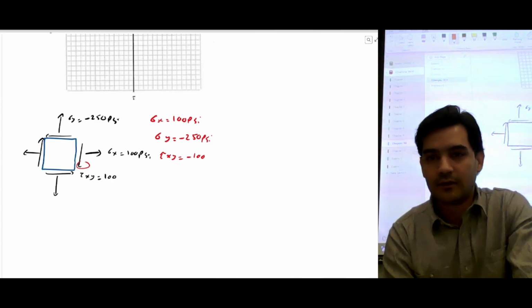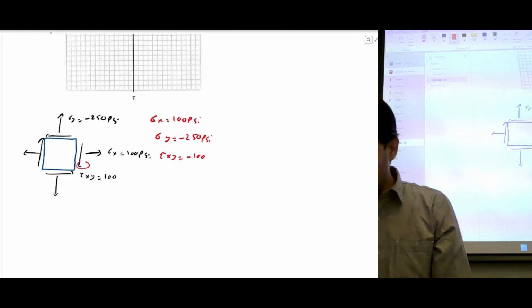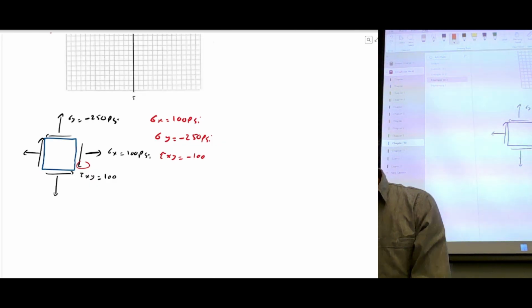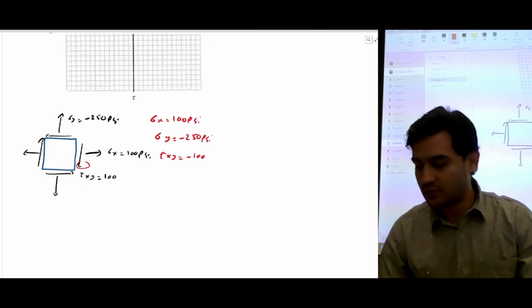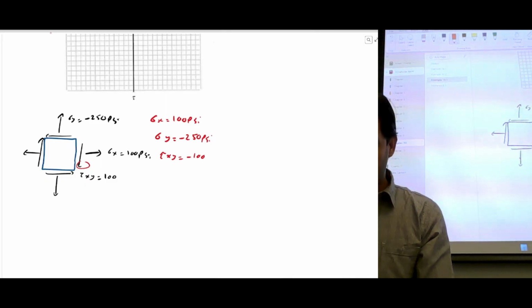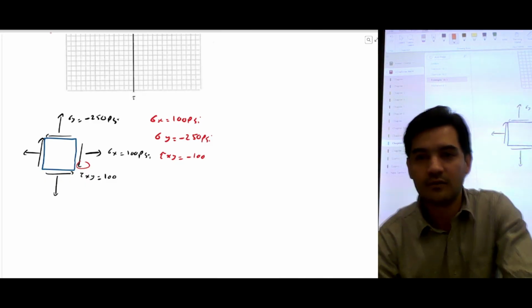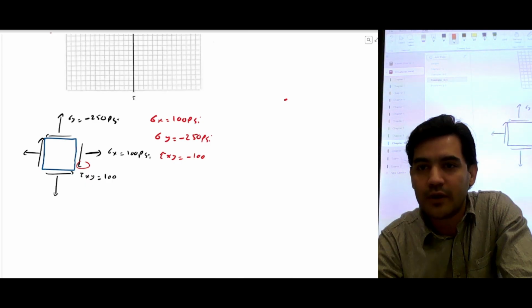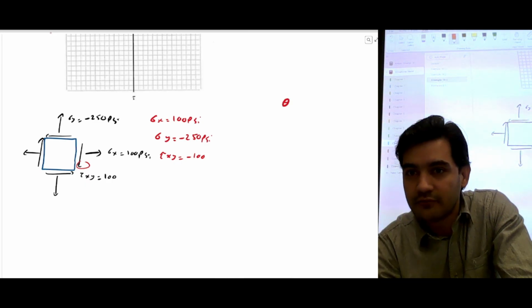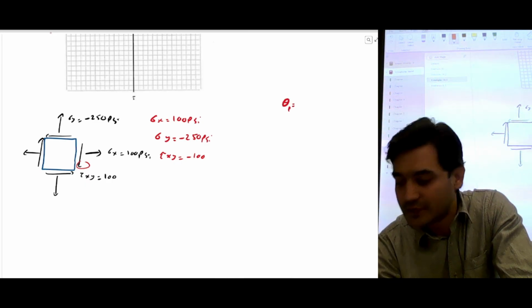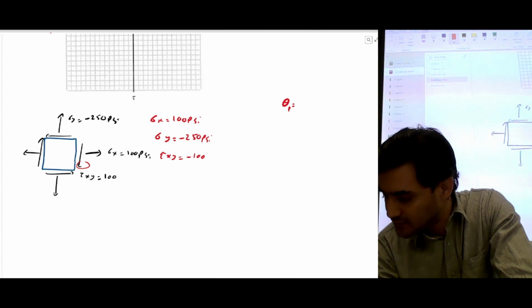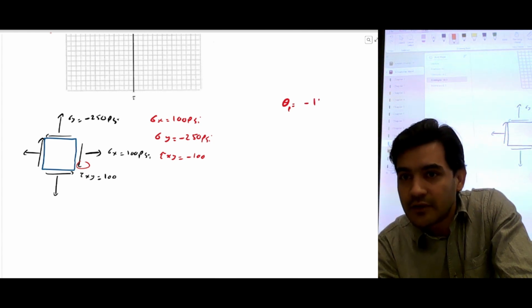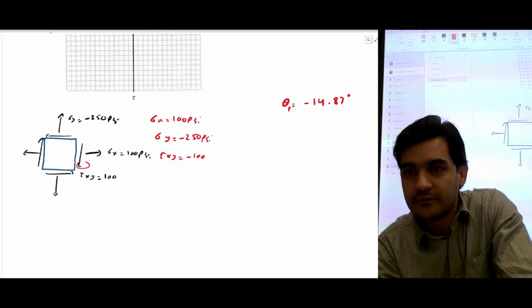So we also calculated the maximum stresses, right? We already know from example 10.2 that if we rotate the angle, our principal angle is negative 14.87 degrees.